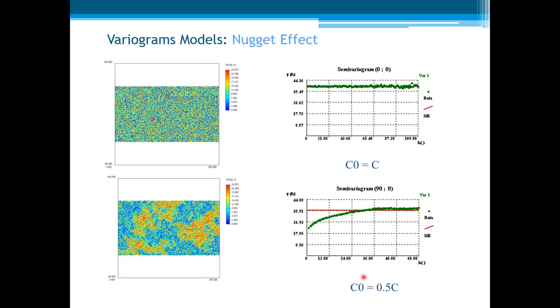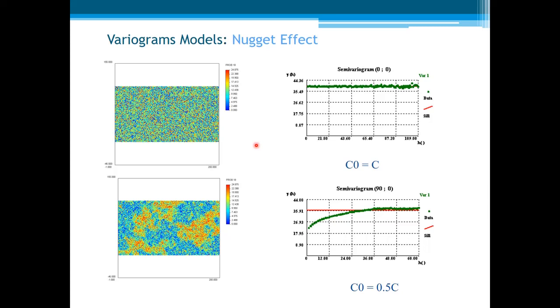Nugget effect is what we call part of the total variability that usually we are not able to capture with our sample data. See this extreme example where the nugget effect is equal to the sill, this one here. It represents a totally random spatial phenomenon.